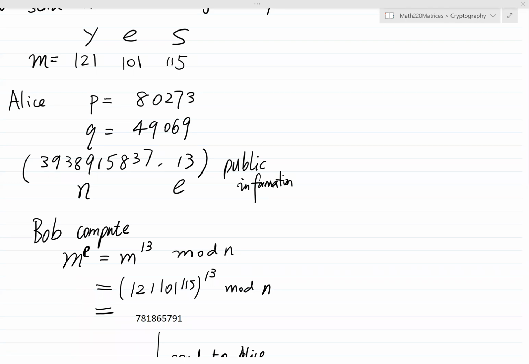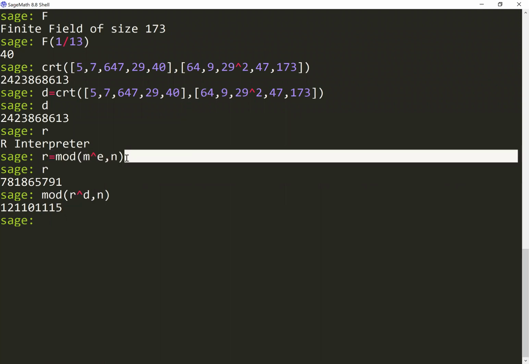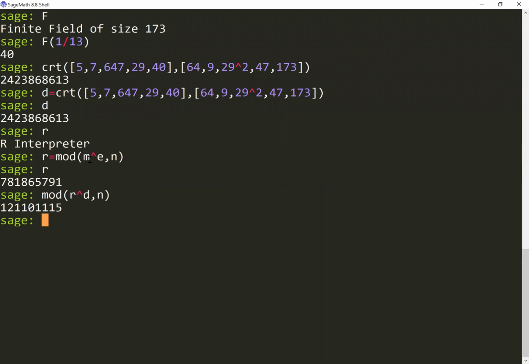So you see, did you notice something? We get this number 121, 101, 115. This is the ASCII code for YES. R is the message that Bob sent to Alice.